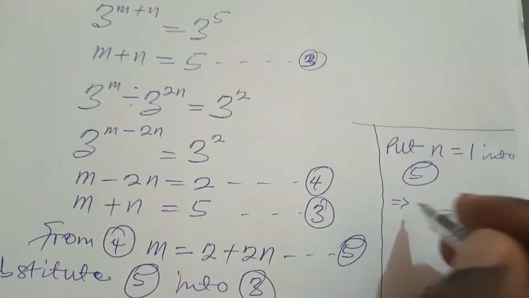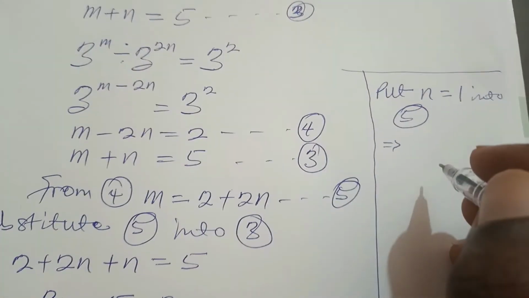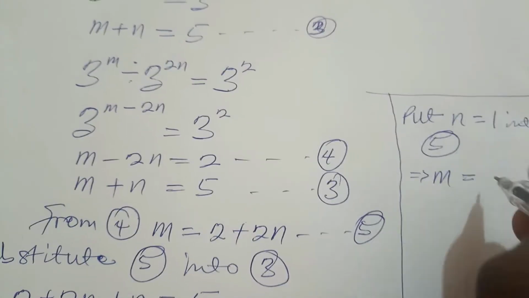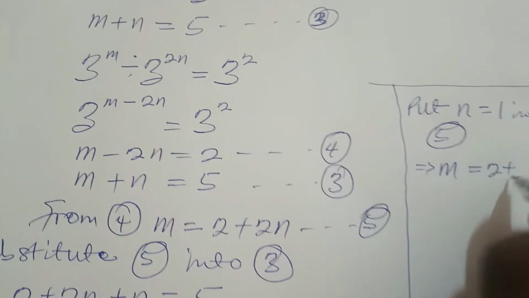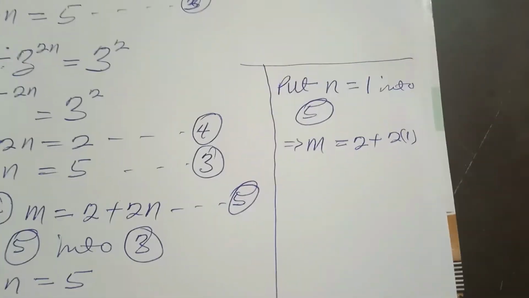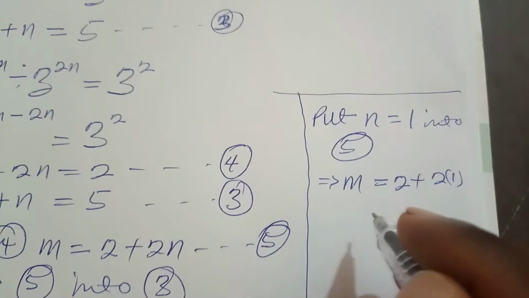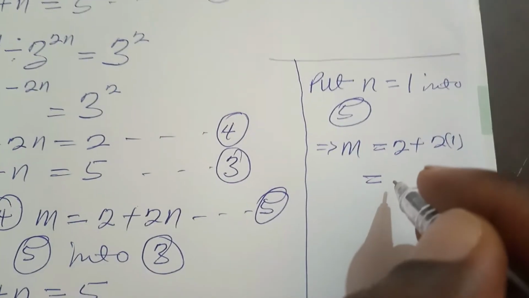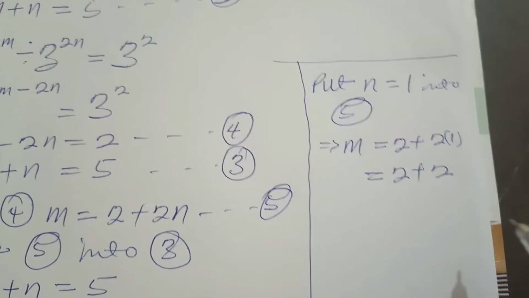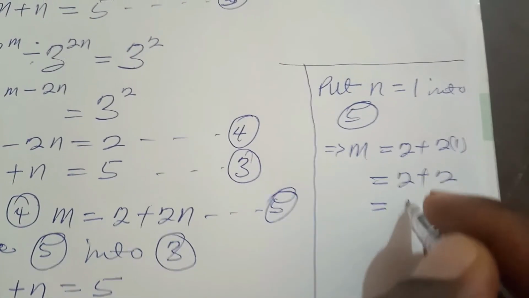That means our equation 5 now becomes m equals 2 plus 2, wherever we see n, we fix 1. And that will give us 2 plus 2, which will give us 4.